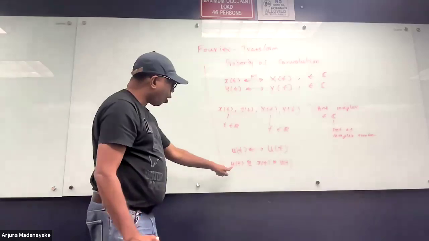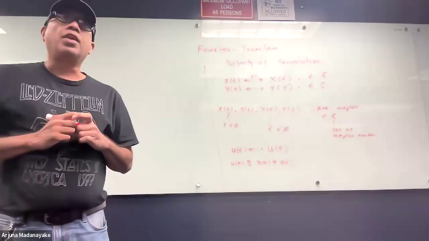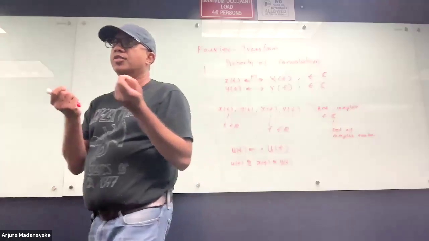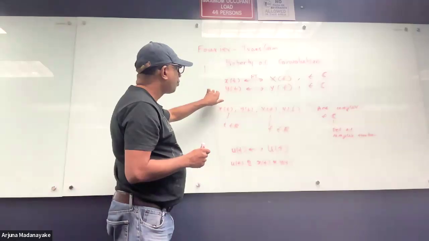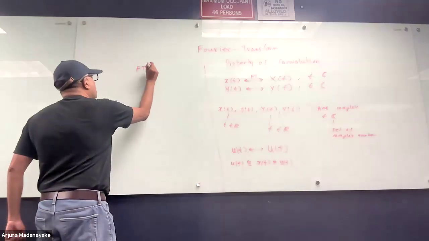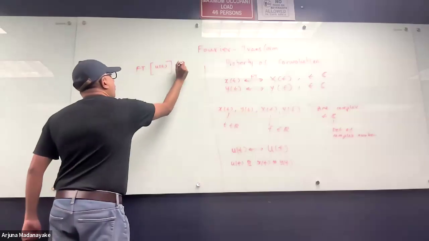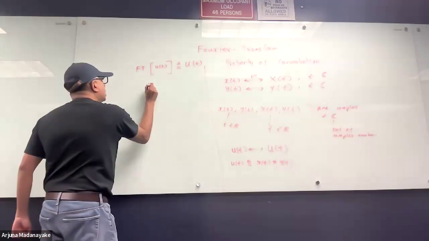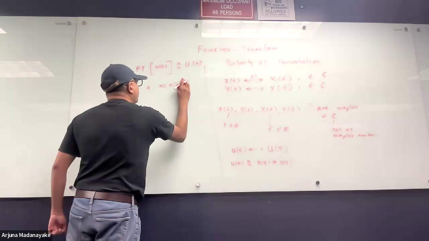So by definition, small u of t is the convolution of x of t and y of t. You take these two individual things, which have two individual Fourier transforms, and take the convolution in the time domain, and you find that the Fourier transform of u of t, which we call capital U of f, is equal to X of f times Y of f.